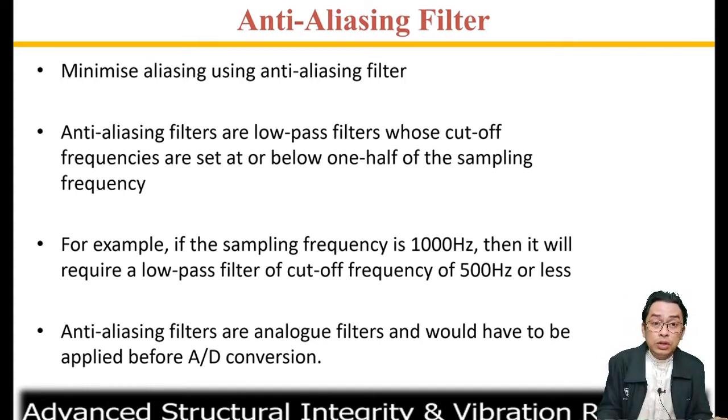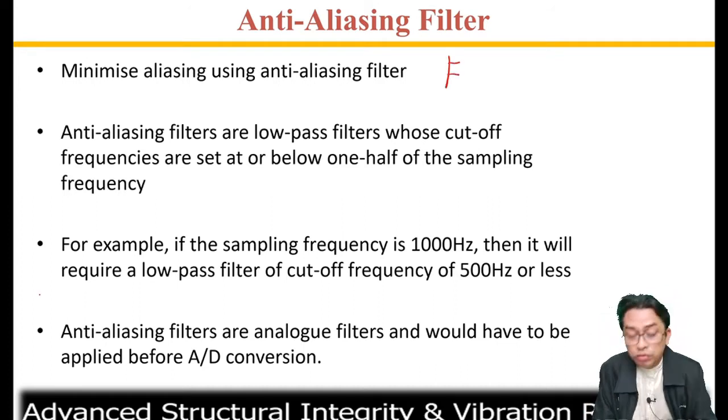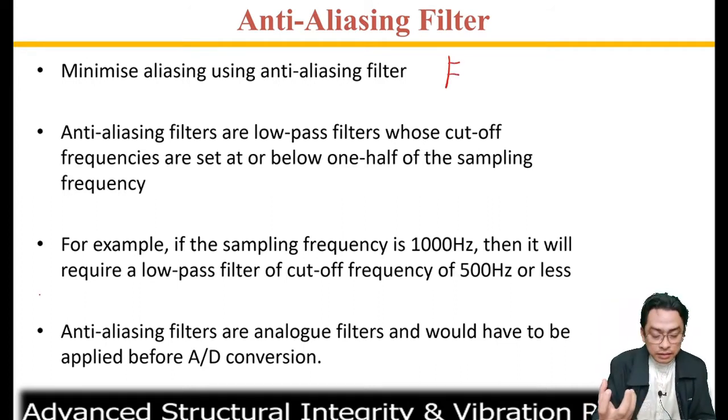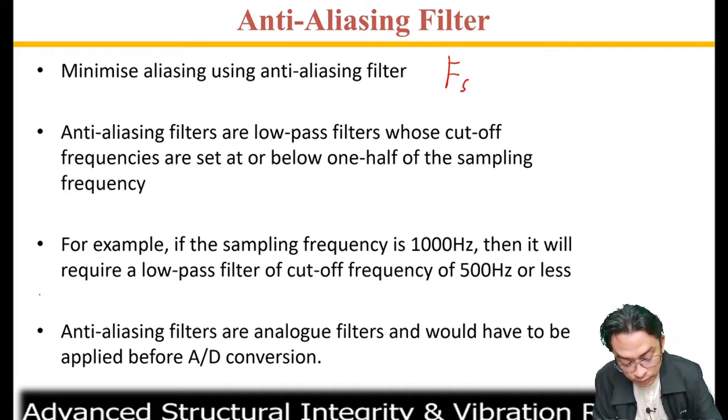For the case of the anti-aliasing filter, we know that the rule to avoid aliasing is that we must make sure the sampling frequency is above double the maximum frequency.